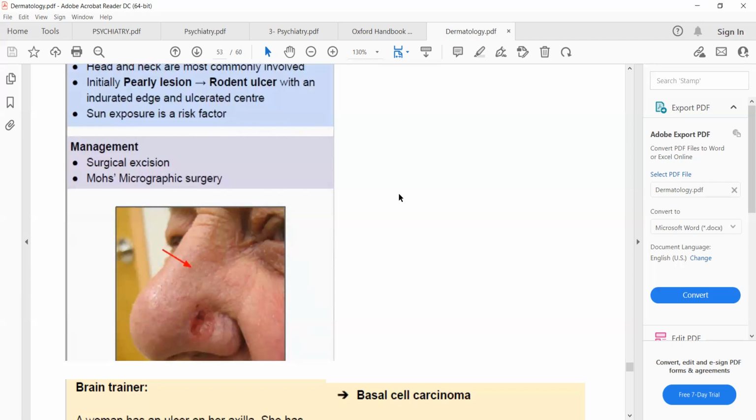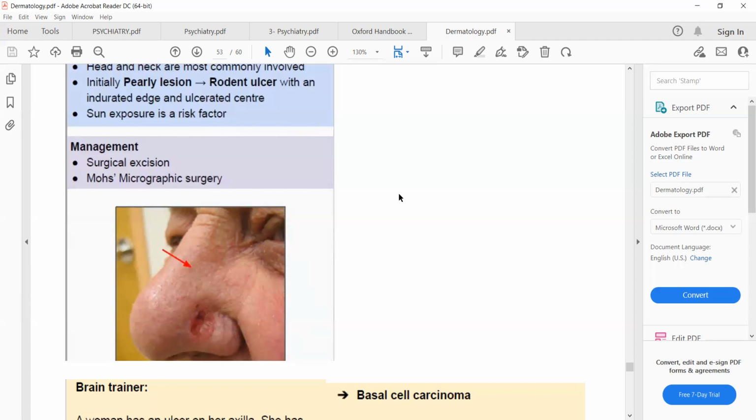So in basal cell carcinoma it's an ulcer, while in molluscum contagiosum they are usually papules. They are pearly as well, isn't it? Yes, they are pearly as well, but the other features are different.